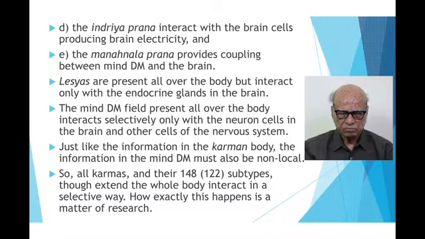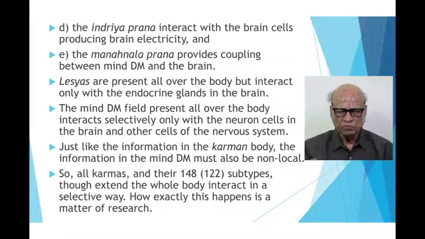So all karmas have 148 subtypes, and I have written in the bracket 122. Out of 148, only 122 gets rise. These extend through the whole body and interact in a selective way, and how exactly this happens is a matter of research.